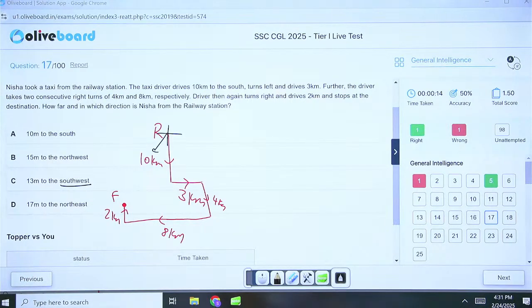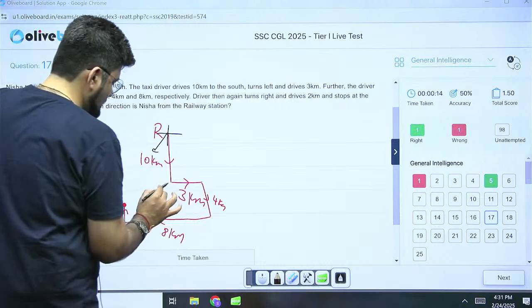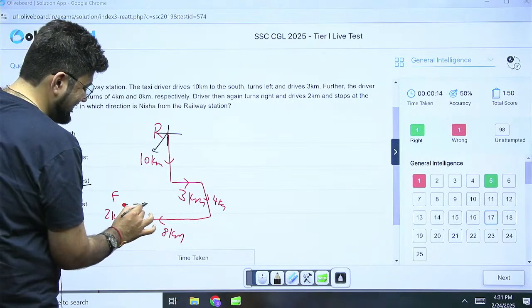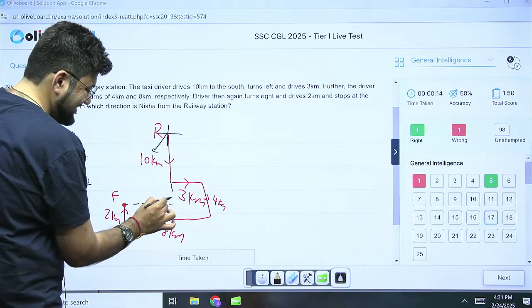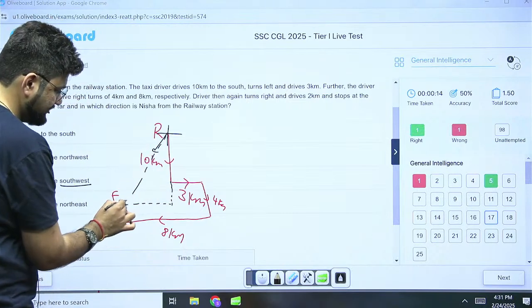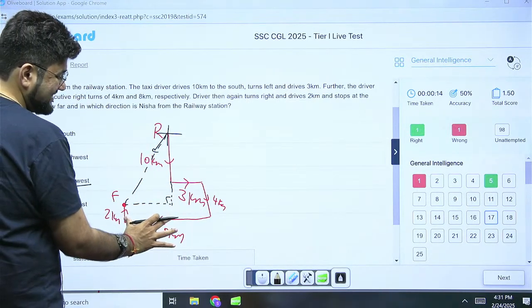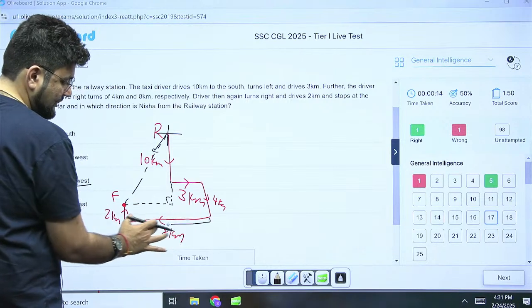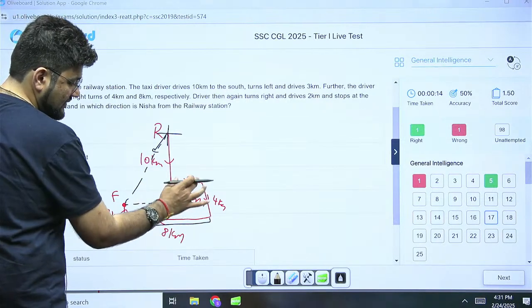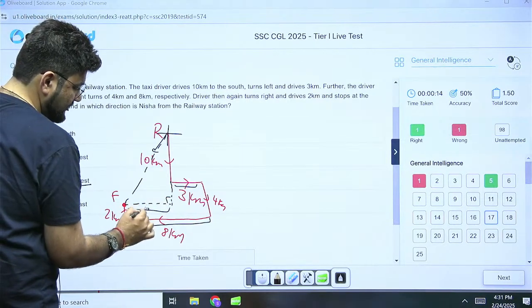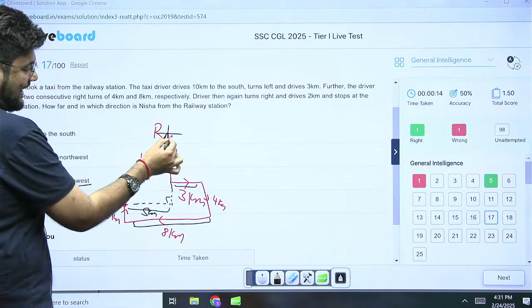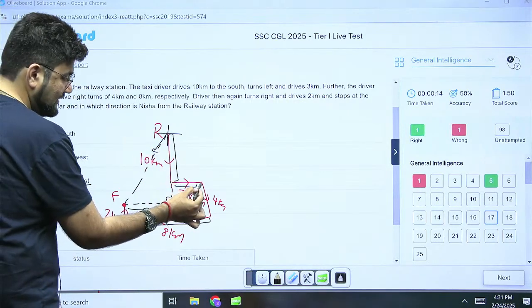Otherwise, to check, you draw the straight line here, join this and join this. This is a 90-degree triangle. Now this whole thing is 8. This is 3. Subtract, you will be left with 5 kilometers. And this whole thing is 4 and this part is 2.